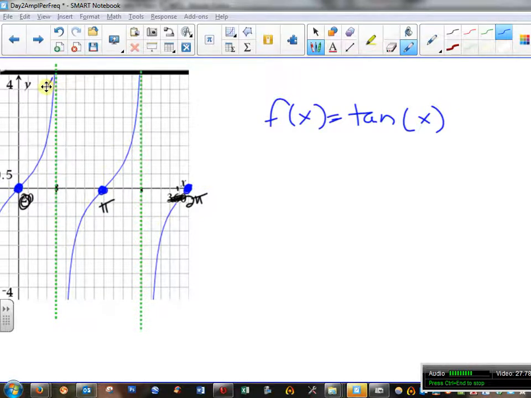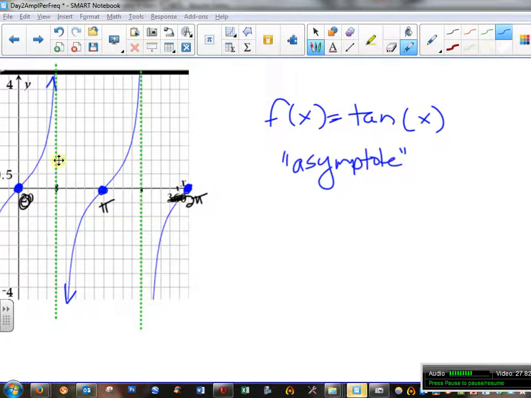This tangent function will go up forever right here at pi over 2. But hey, on the other side, it comes down forever as it's coming close to pi over 2. Well, that's what's called our asymptote. Just like we had in our rectangular hyperbolas.